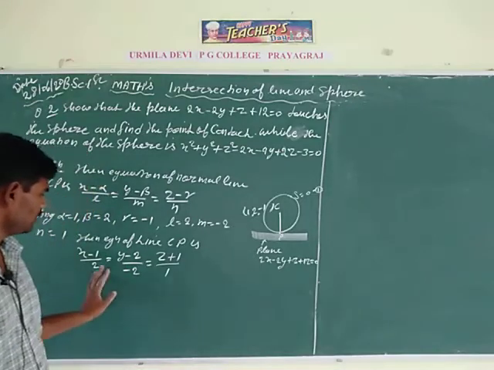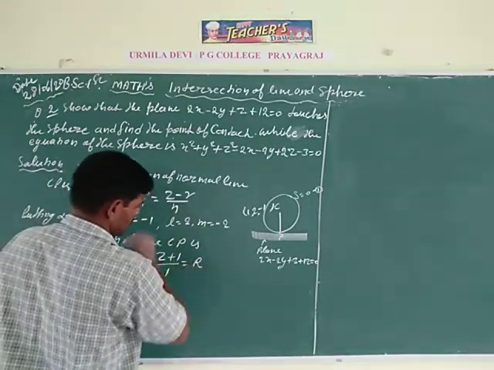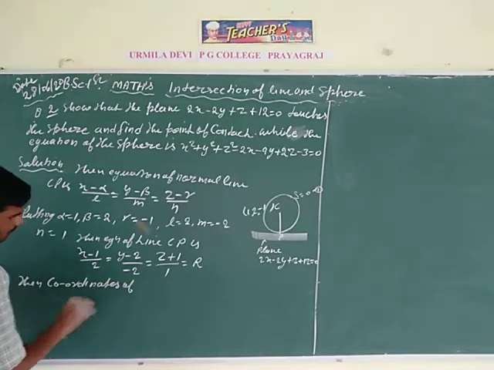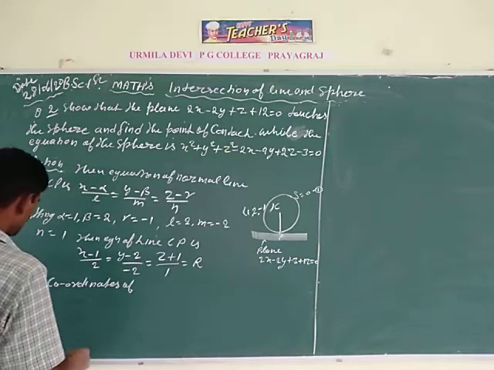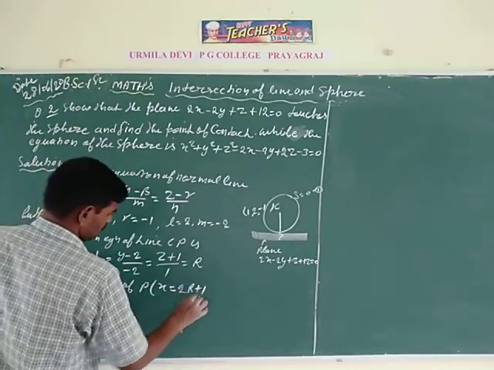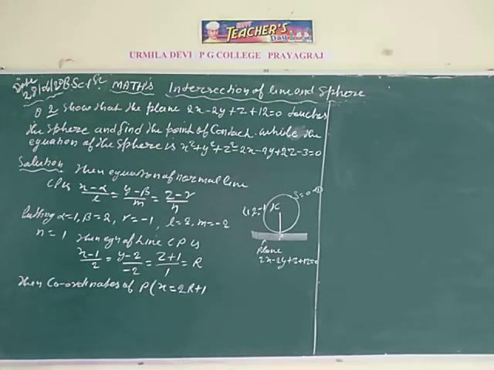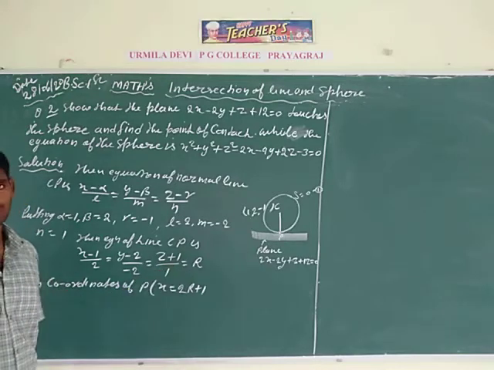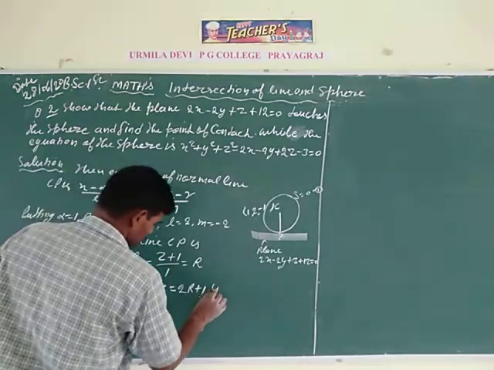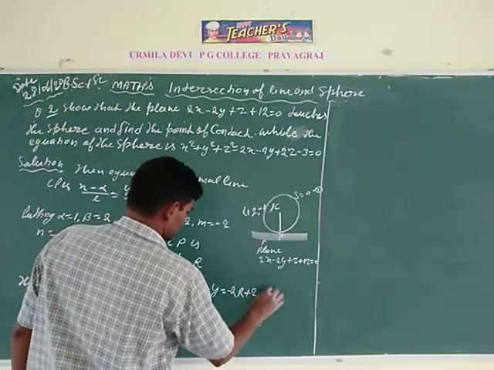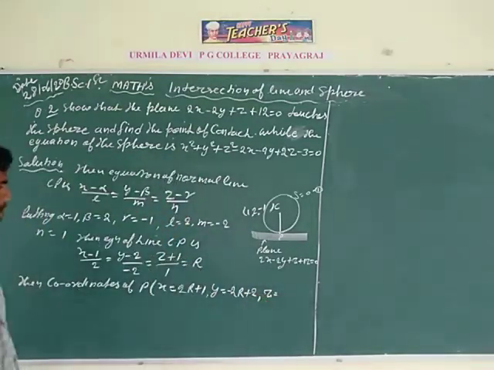But our aim is to find the coordinates of capital P, the contact point. So here take the ratio equal to r. Then the coordinates of contact point capital P: x is equal to 2r plus 1, y is equal to minus 2r plus 2, and z is equal to r minus 1.